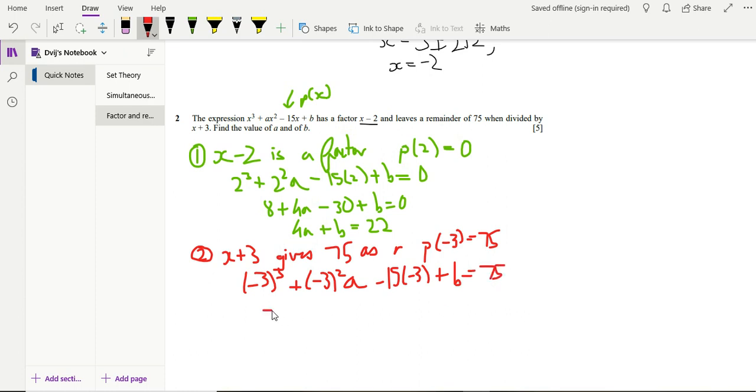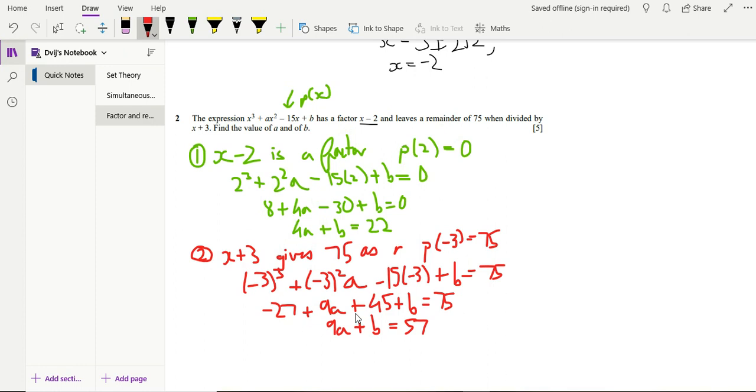And that's the same as saying minus 27 plus 9a plus 45 plus b is equal to 75. If we tidy this up a little bit, we get 9a plus b is equal to 75 minus 45 plus 27, which is 57.